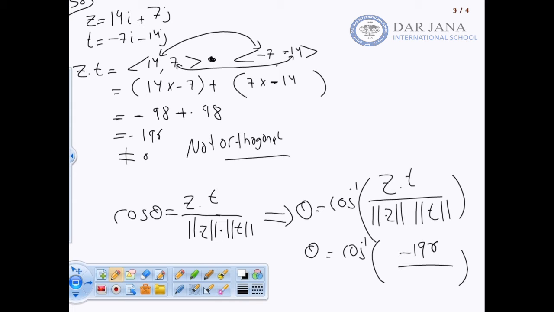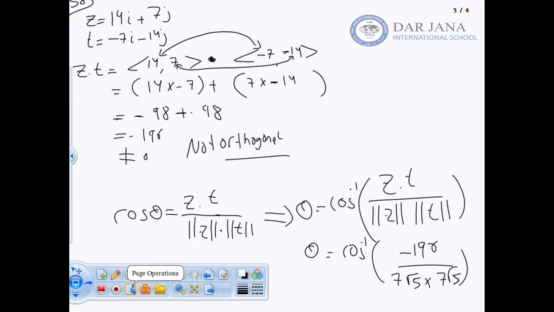Let's find the magnitude of Z, which is radical 14 squared plus 7 squared, 7 radical 5, multiplied by the magnitude of T, which is the same, radical negative 7 squared plus negative 14 squared, which is 7 radical 5.